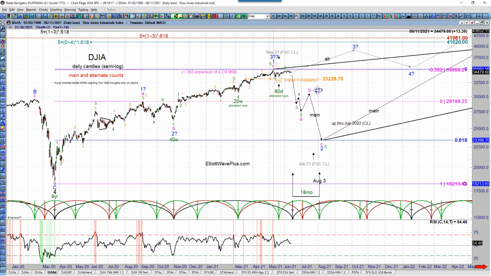So if we have the same distance to the next 80-day cycle, and I believe this is the most important date that I can develop using this manual system, the date for the next 80-day cycle trough, which should correspond with the next 20-week cycle trough, 40-week cycle trough, and 18-month cycle trough, is due August 3. And so I think we're going to see downward movement through August 3rd.